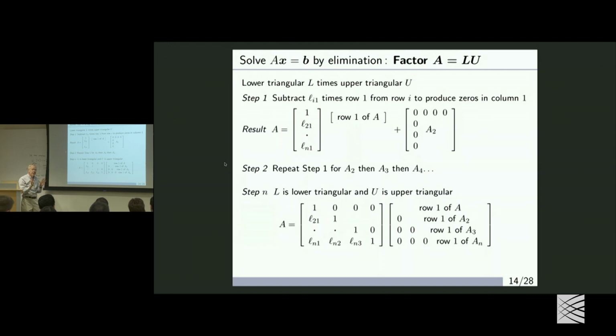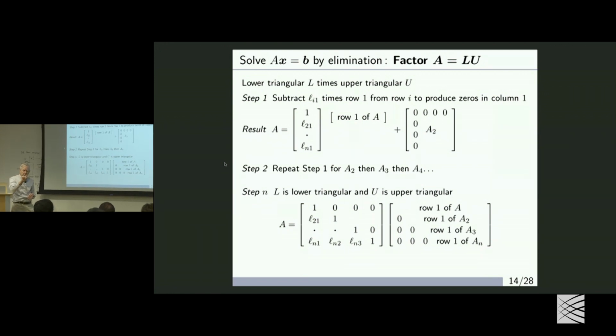Now, can I talk you through that elimination? So what did elimination do? You took row 1 of the matrix. That's the pivot row. That's the row you're going to use to clean up the first column. So you took row 1 of the matrix as it is, with that 1 up there.